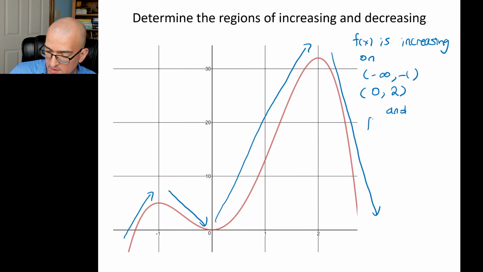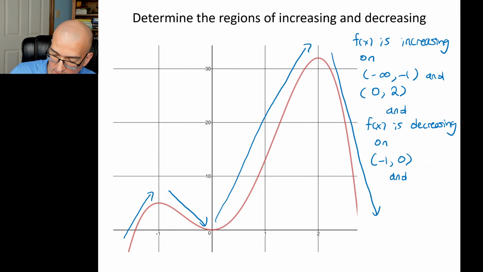And f of x is decreasing on the following intervals: on the interval from negative 1 to 0, and the interval from 2 to infinity.